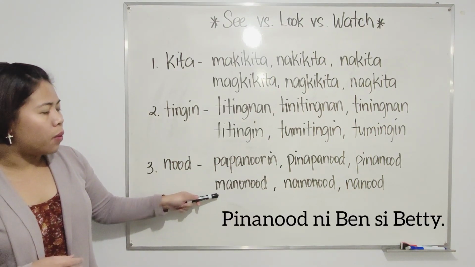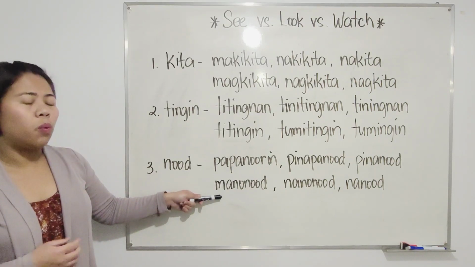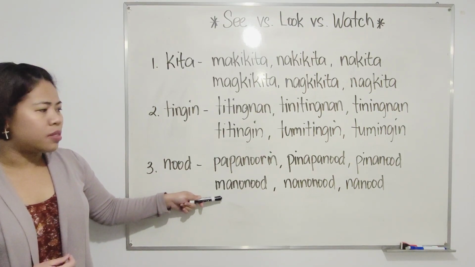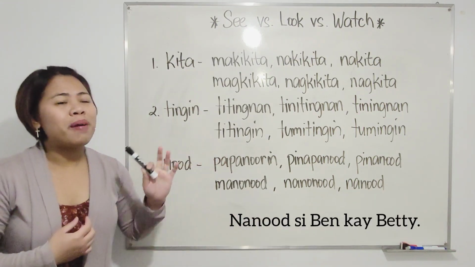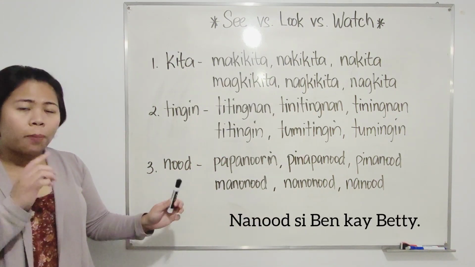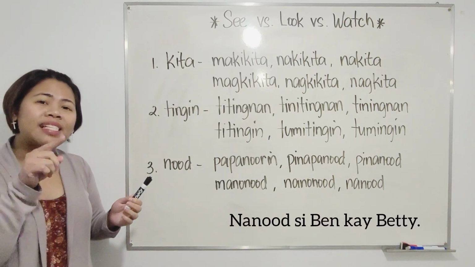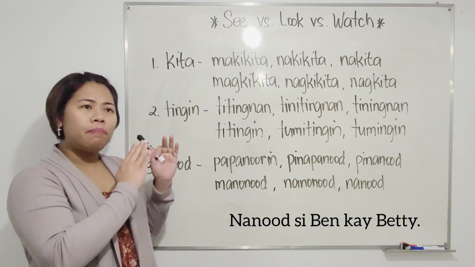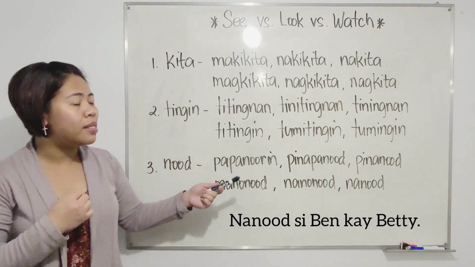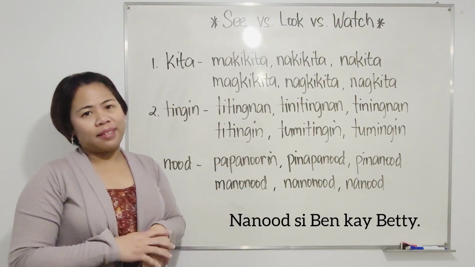But you can also conjugate it this way. If you want Ben to become the focus, then you would say, nanood si Ben kay Betty. Nanood si Ben. So Ben is the focus. You have the clue there. The si is placed before Ben's name. So nanood si Ben kay Betty.